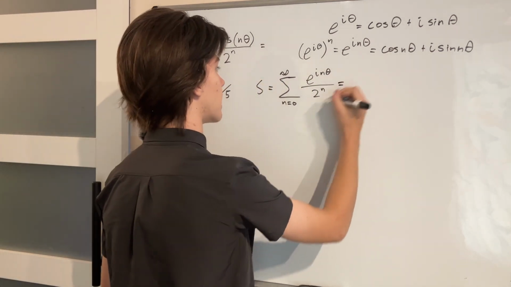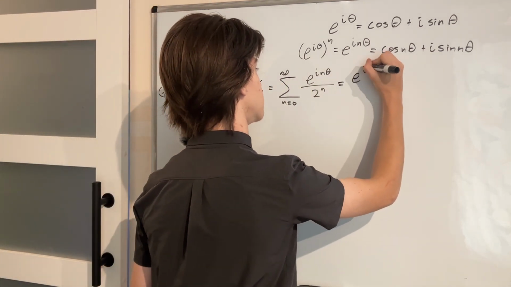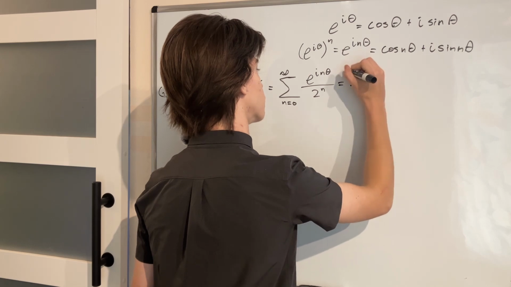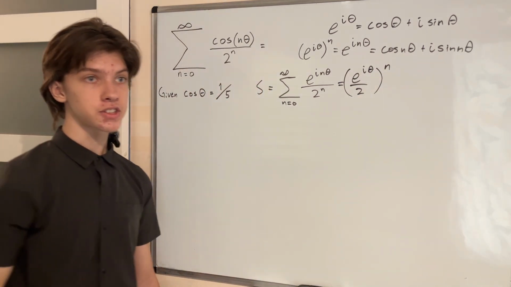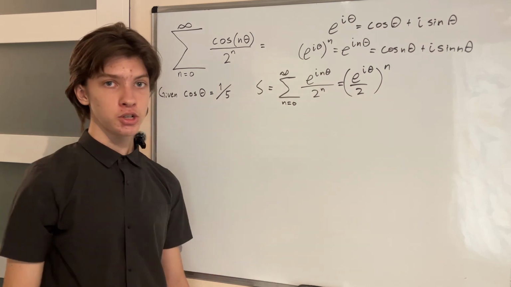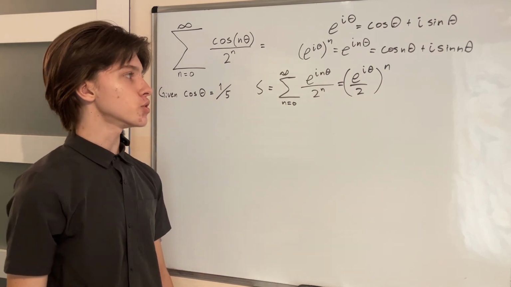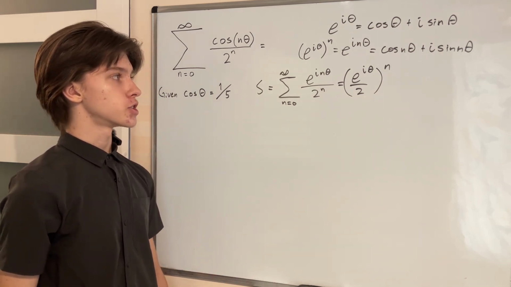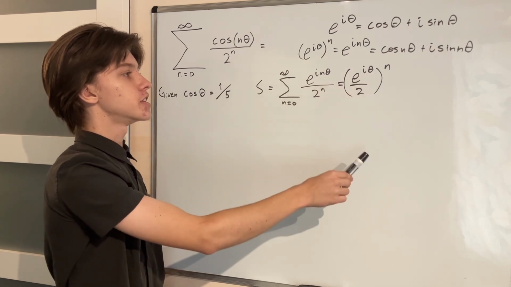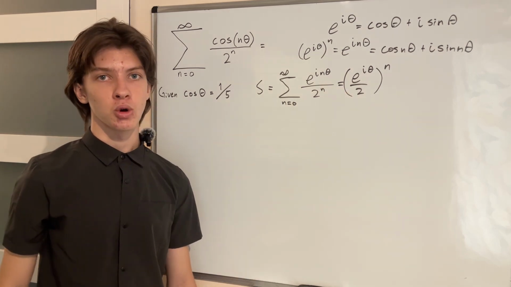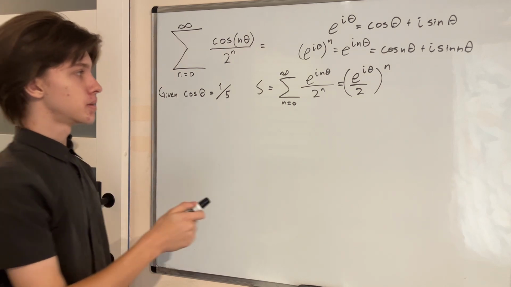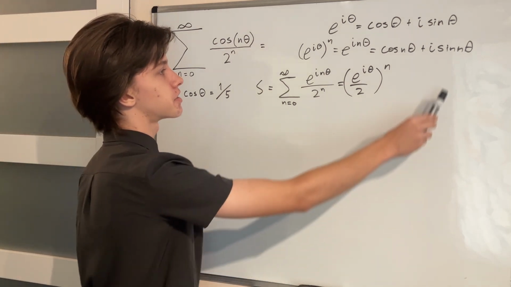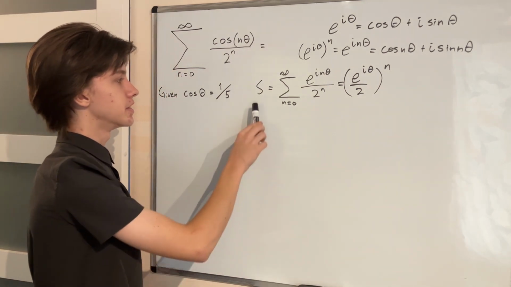And then we can take out the n, to get e to the i theta over 2 all to the power of n. As you can see, this is a geometric series, which we can simply resolve, and we know that it converges because for all values of theta, e to the i theta over 2 will be less than 1.